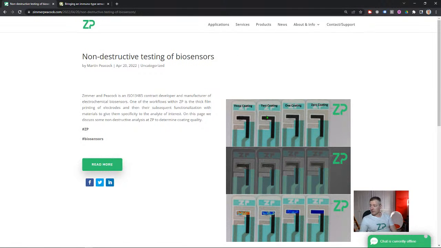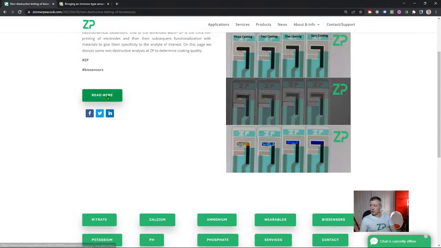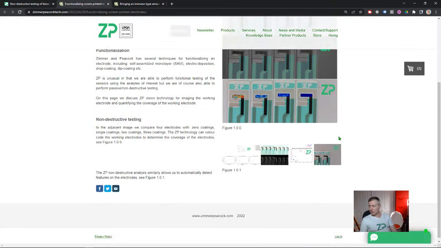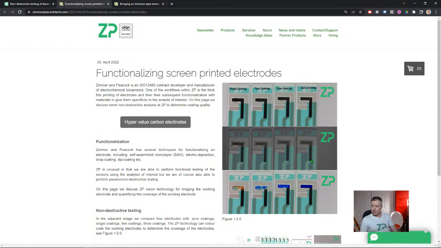What we also have at ZP is non-destructive quality assurance on those electrodes. We put some work up this week about how, when we've functionalized an electrode, we can take an image and quantify how well we have covered that electrode.